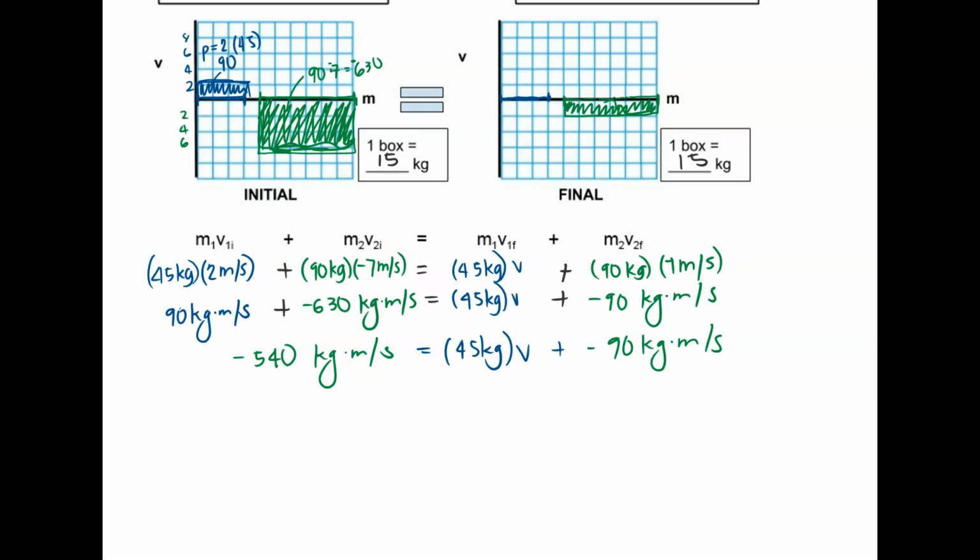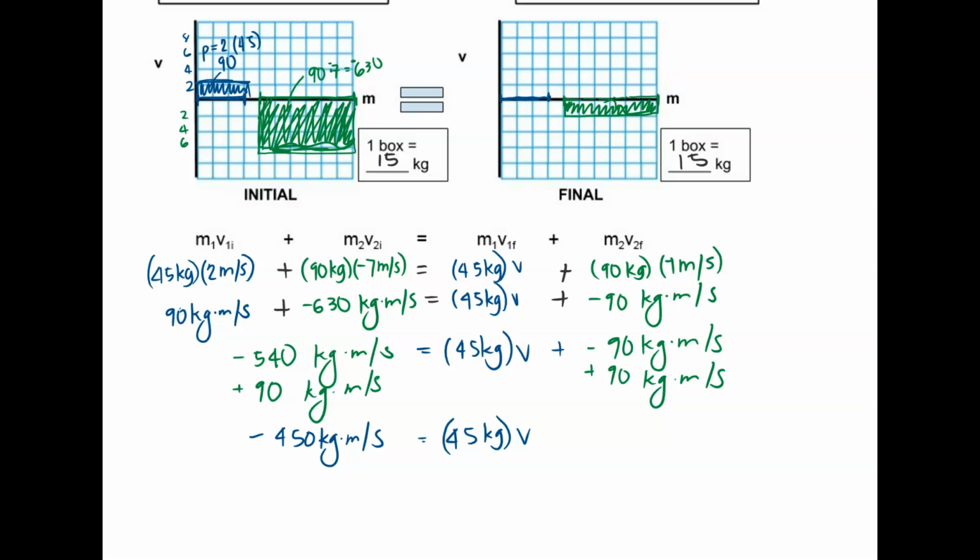Now to get the velocity by itself, we'll just do algebra. We'll add 90 to both sides. And we get 45 kilograms times V is equal to negative 450 kilograms times meters per second.